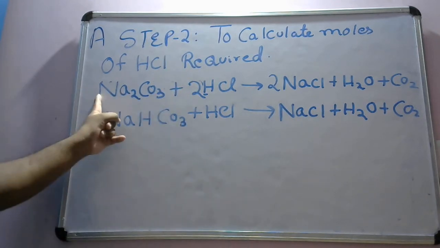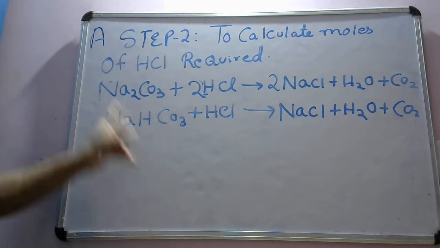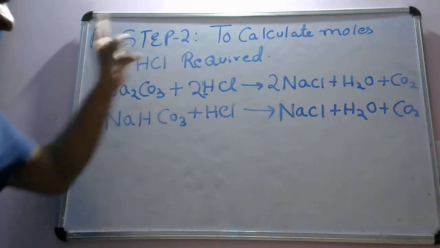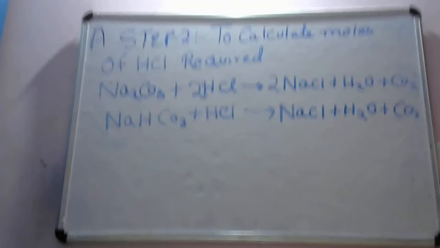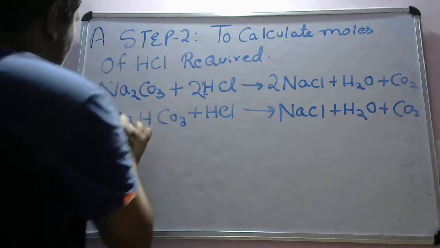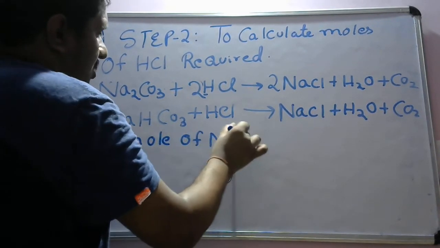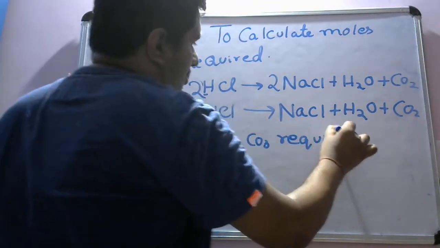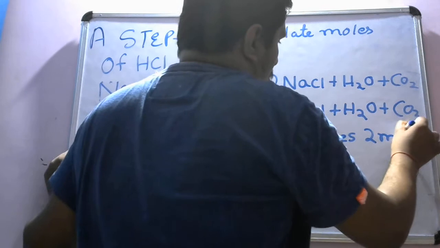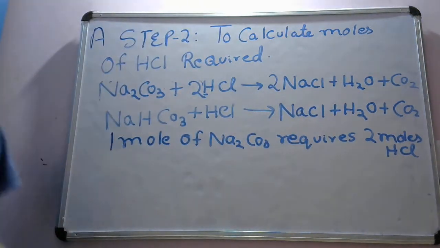Here the coefficient is 1. I told you the coefficient represents the number of moles. So I can say 1 mole of Na2CO3 reacts with 2 moles of HCl. So the first statement we will write is that 1 mole of Na2CO3 requires 2 moles HCl. You can see this from the reaction of Na2CO3 with HCl.